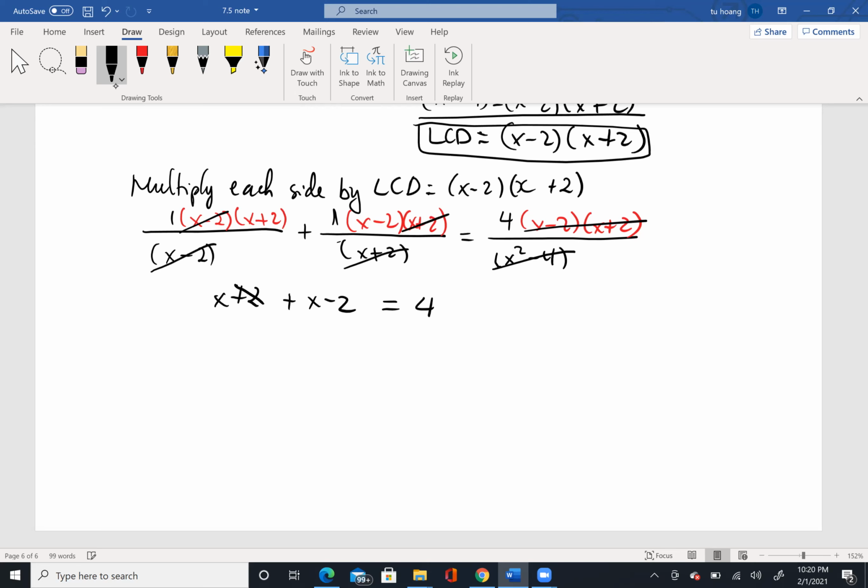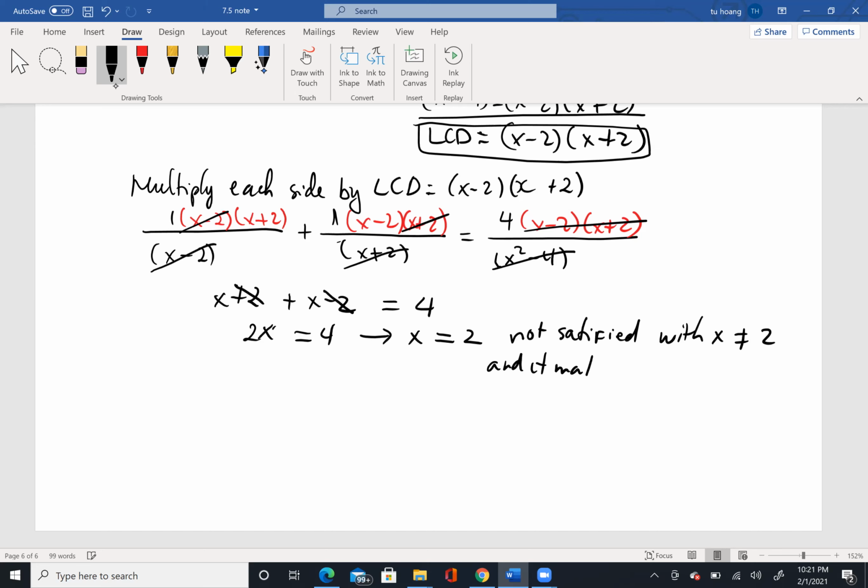So this cancels the 2s, and you have 2x equal to 4. Finally you have x equal to 2 by dividing both sides by 2. But look, this is not satisfied, because x cannot equal 2.